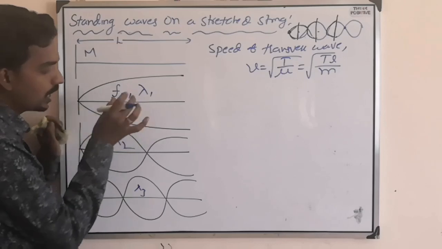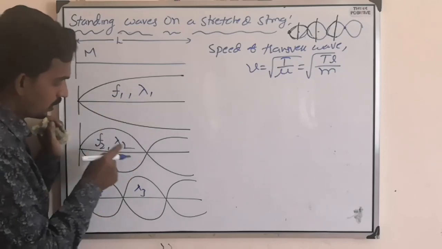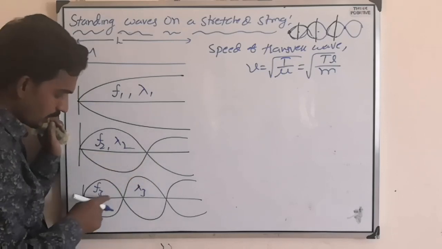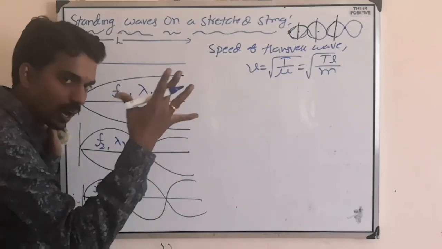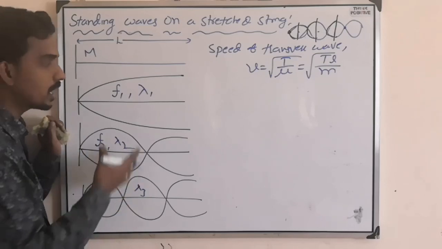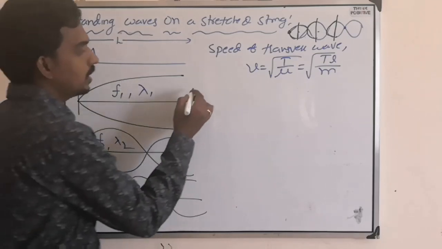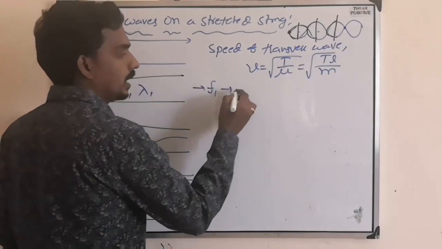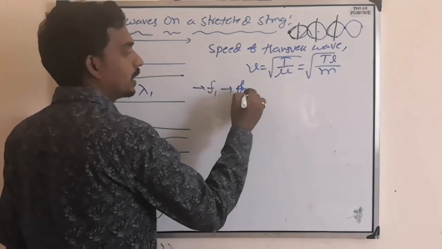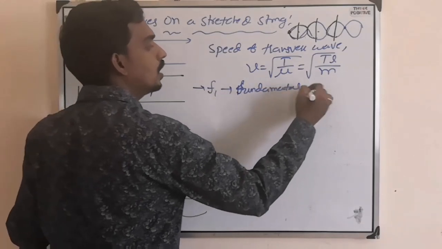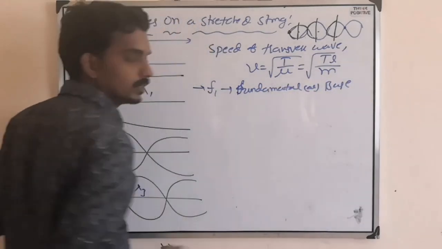But here 1 half loop, 3 half loops, here 1, 2, 3, 4, 5, 5 half loops. Odd number of half loops are forming. So that here F1 we call it as fundamental, as usual, minimum possible, that's why fundamental or base frequency.